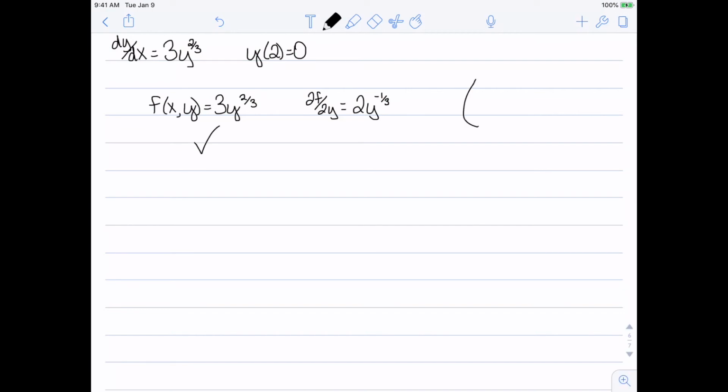And the point that we need to be concerned about is (2, 0). So y needs to be equal to 0, which is impossible here. It's not even defined at the point 0, so therefore it's not continuous at 0. So for this one, the theorem does not tell us that there is a unique solution. It doesn't tell us that the unique solution doesn't exist either. It is still possible that this does have a unique solution, but the theorem doesn't guarantee it.